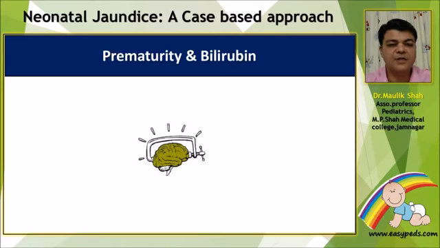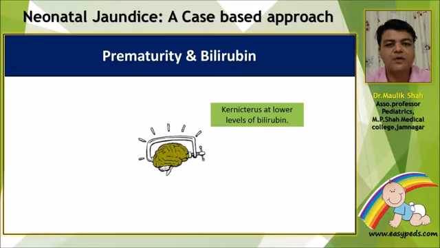Friends, prematurity or the lower the gestation, the more the effect of bilirubin toxicity, and the more the likelihood of a poor neurodevelopmental outcome. Hence, there are many things we have discussed up till now. We have been taught that kernicterus at lower bilirubin levels is a very common phenomenon simply because the lower the gestational age, the poorer the blood-brain barrier would be.